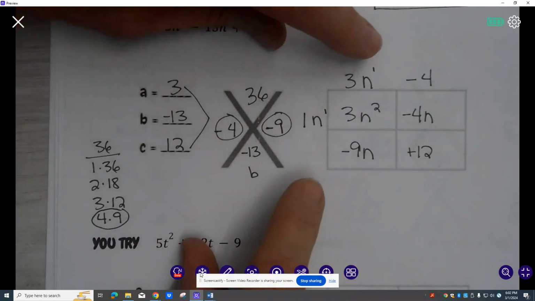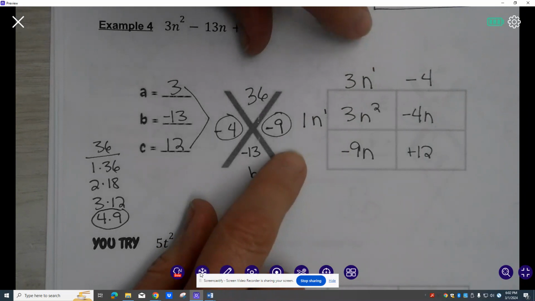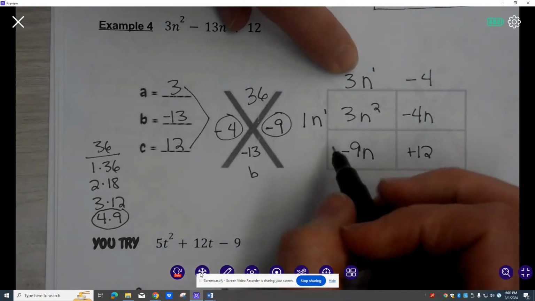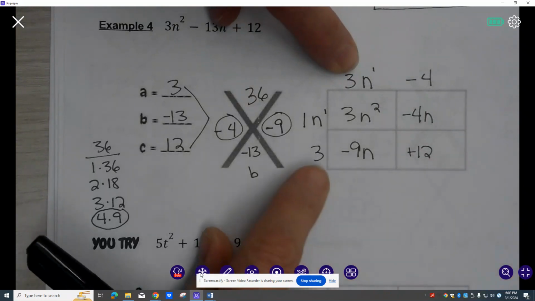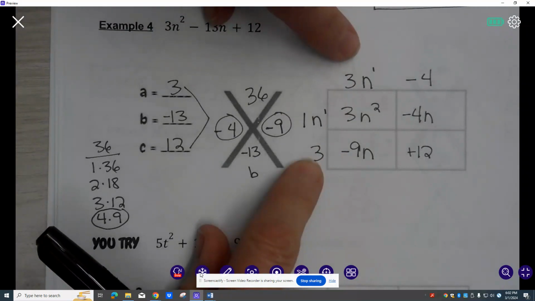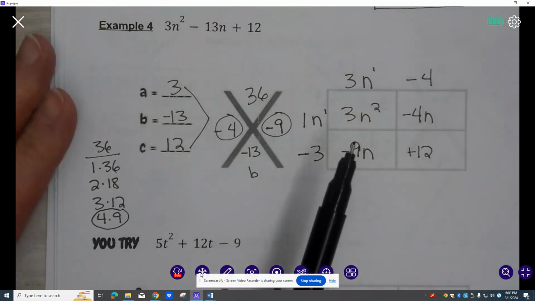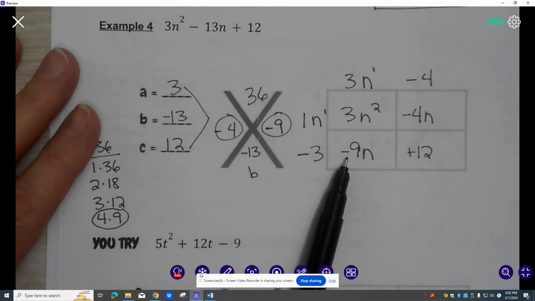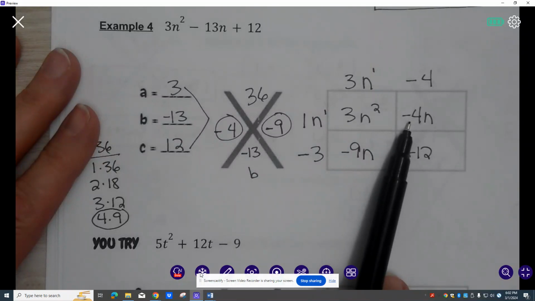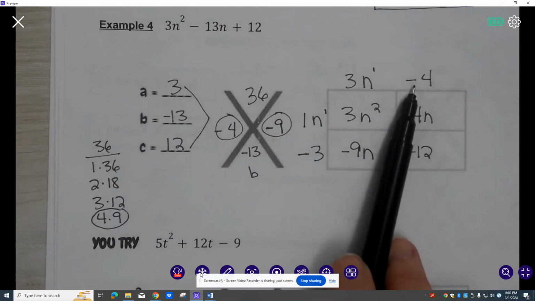Okay, I'm doing good. Now, 3n times something, and I need to get a negative 9n. Well, I know 3 times 3 is 9. So right now, if I multiply 3 times 3, I get a positive 9. So I need to make this 3 negative. And if you notice, when you have a negative here, you're going to have a negative here. And when you have a negative inside this box, this factor or this term up here will also be negative.